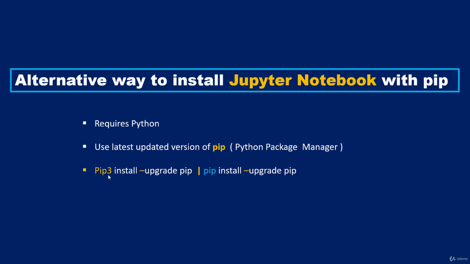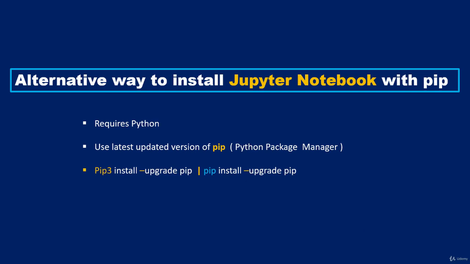So you do pip3 install --upgrade pip, and that will upgrade pip. If you're on a Windows-based computer, you don't need to type in pip3. Just type in pip install --upgrade pip, and that will upgrade to the most recent version of pip.